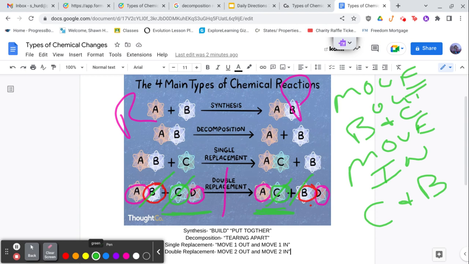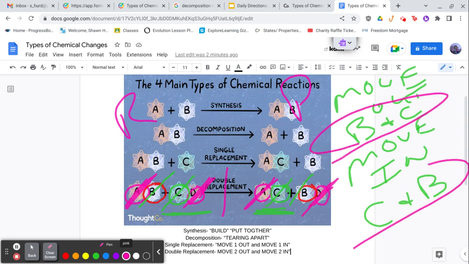So the only two that have stayed stationary are letter A and letter D. Letter A and letter D are in the same spot. So letters B and C have both moved out and moved in, and therefore it makes it a double replacement.